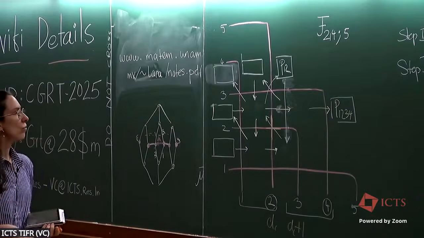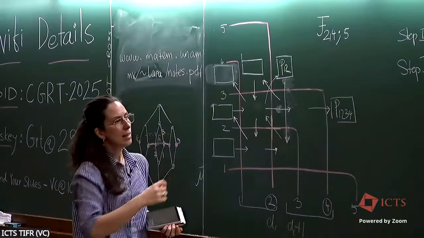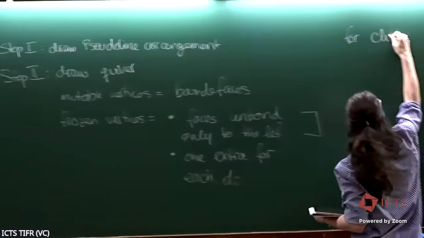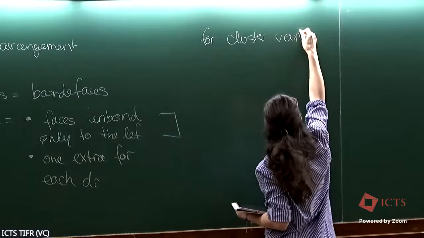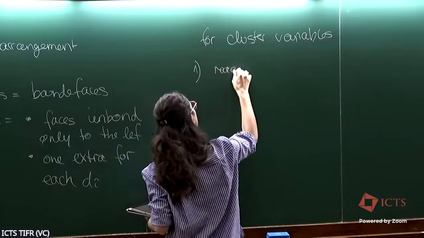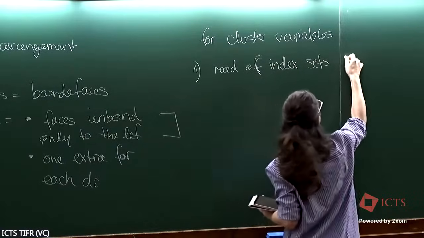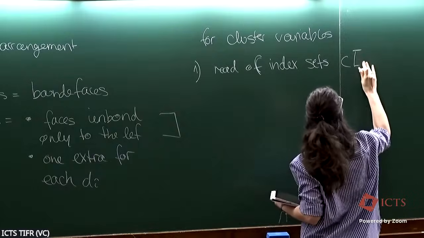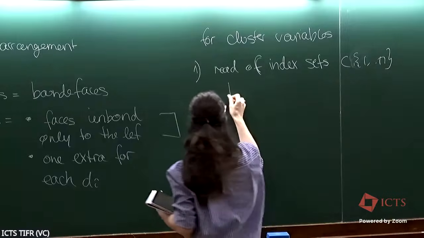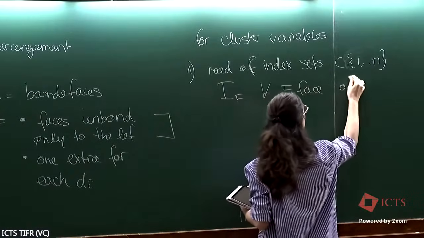And the first thing to do for the cluster variables is read off index sets for every face in this diagram. So for cluster variables, also step 1, we read off index sets IF that will be subsets of 1 to n, and that is for every face of my pseudo-line arrangement.